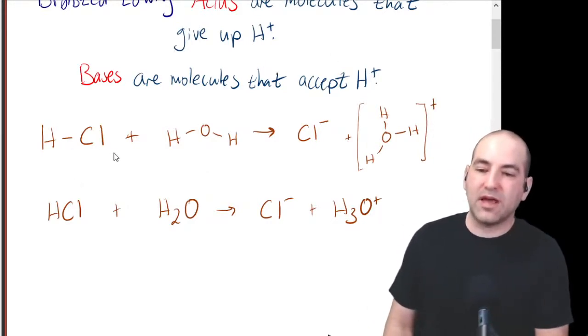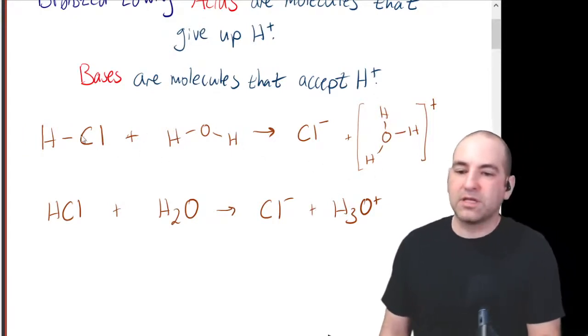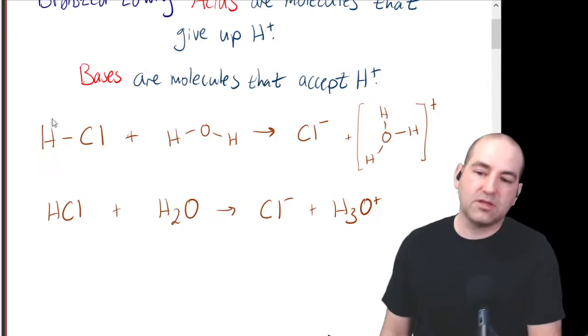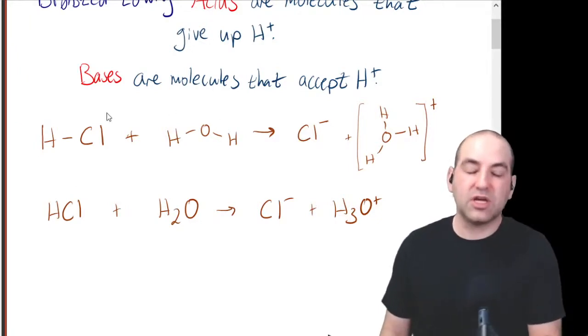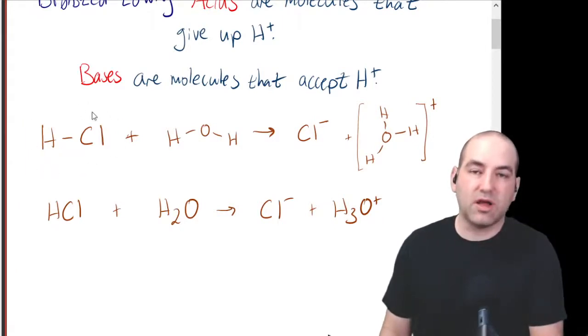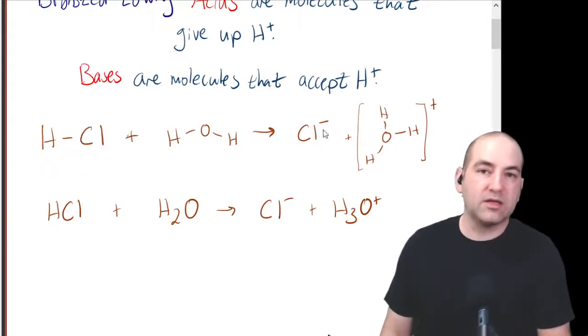But this is a reaction that transfers H+. And the way we can see that is if we analyze what's going on across these structures, we can see that the HCl is losing its H to become Cl. So it was HCl, now it's just Cl. And then also, this is important too, it's changed charge. So this is neutral. HCl is a neutral molecule, but chloride is -1.